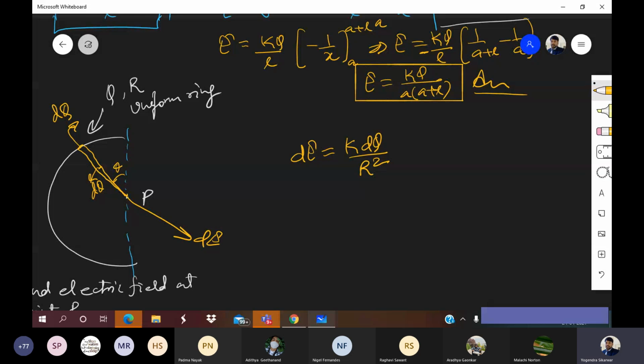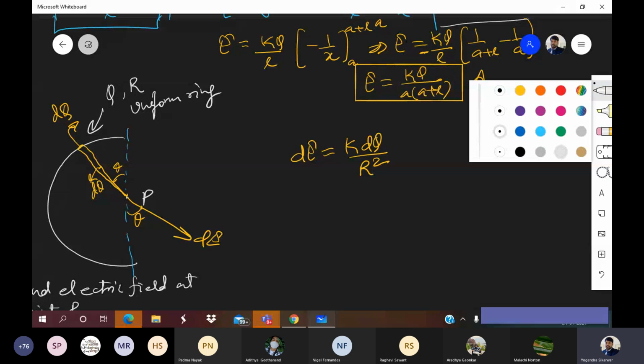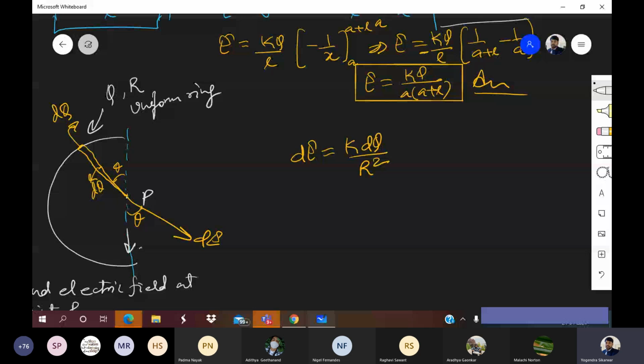If this angle is theta, this will also be theta. So there will be two components. One component is dE cos theta, and the other is dE sin theta. Now dE cos theta will get cancelled, so E net will be integration of dE sin theta, and your limit will be from 0 to pi.